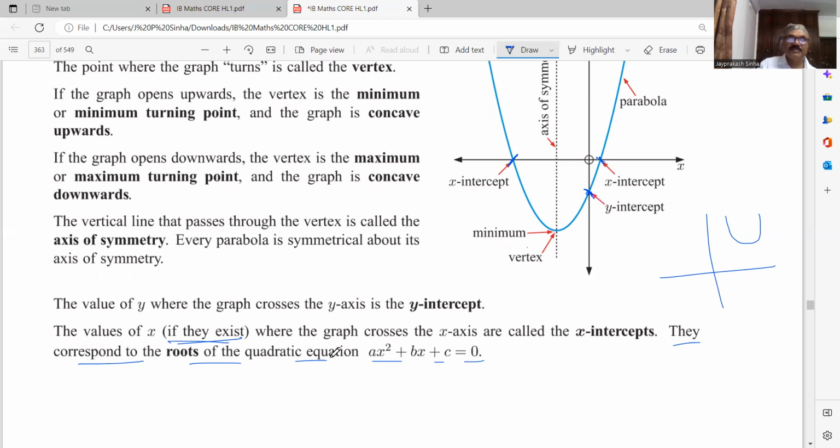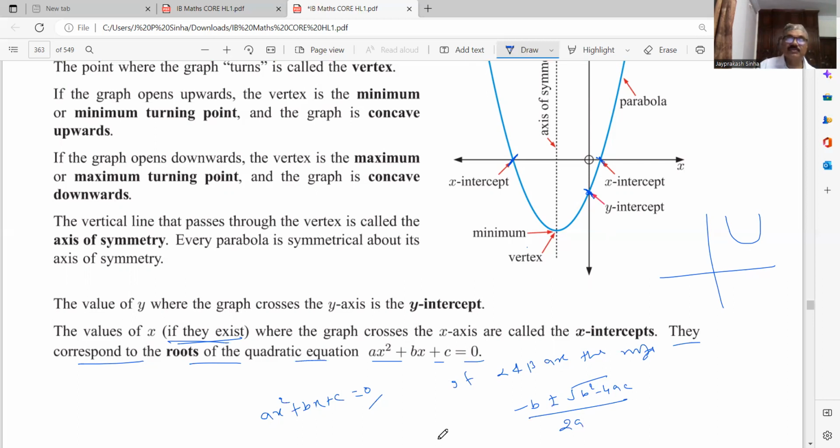Okay, so the x-intercepts correspond to the roots. We know now, ax square plus bx plus c is equal to 0, then what are the roots? If alpha and beta are the roots, then alpha, beta is equal to minus b plus minus root of b square minus 4ac upon 2a.